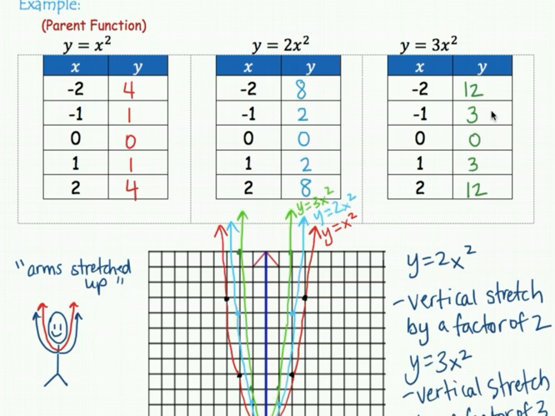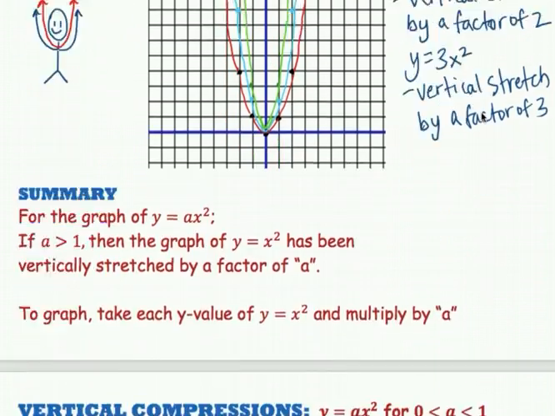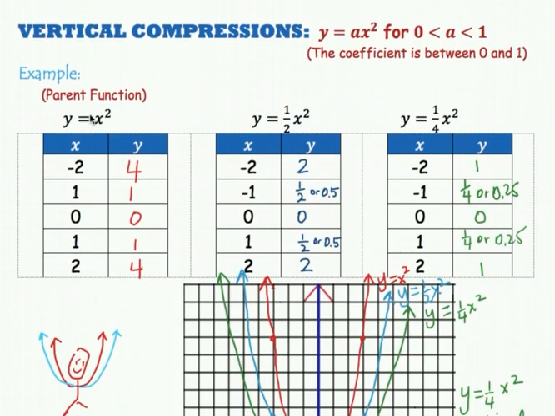Multiplied by 3, the y multiplied by 3. With the compressions, if we take our original function multiplied by 1/2, all of the y values will multiply by 1/2, or you can think of it as dividing by 2. And this one here, you multiply by 1/4, so all the y values from here to here end up multiplying by 1/4, or think of it as dividing by 4.